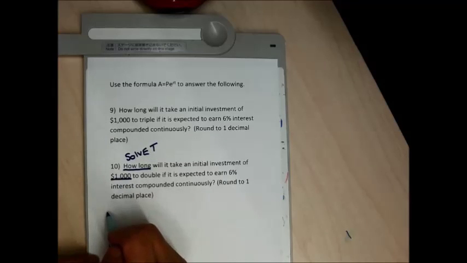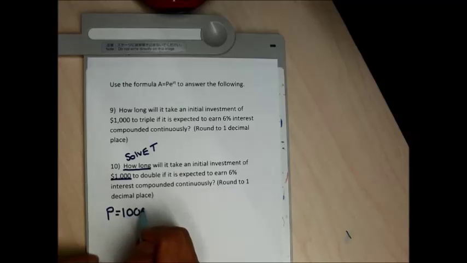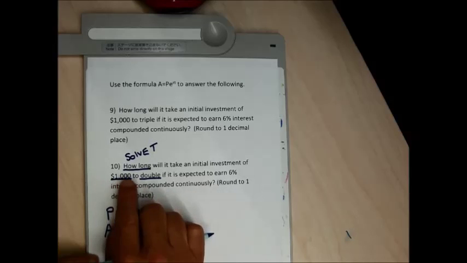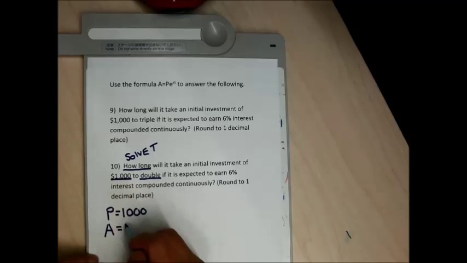That $1,000, the first number I see, is the starting amount of money. It's a P. Right after the words "how long will it take an initial investment of $1,000," I see the words "to double." This is sneaky. This tells me the A, the future amount of money, without giving it as a dollar amount. If I want to double $1,000, I'm going to multiply $1,000 by 2 and get the future amount $2,000.